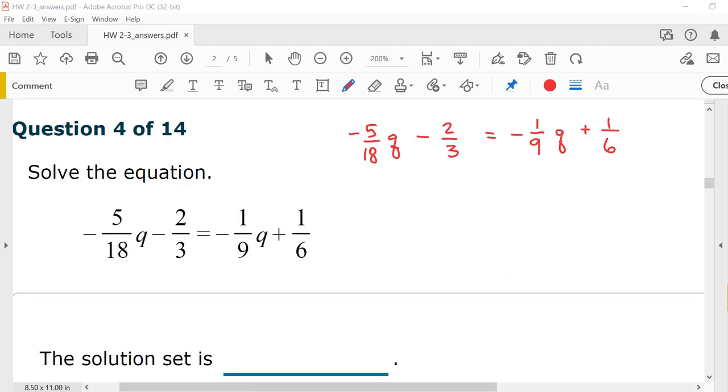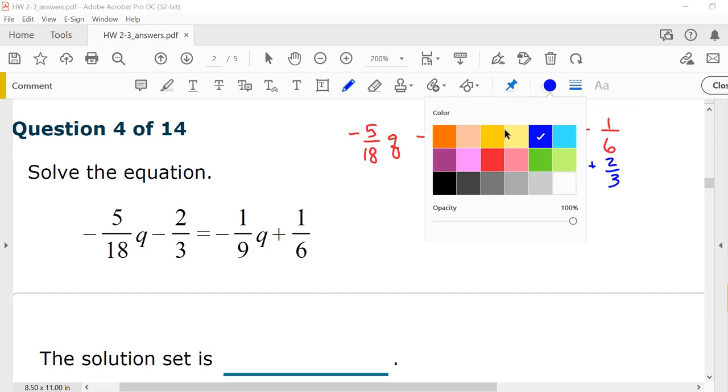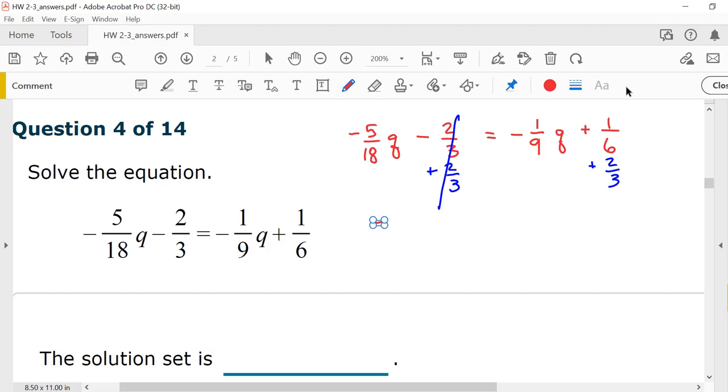Number 4, solve the equation. I'm going to do it old school, the way we were doing it, because my calculator can handle fractions. I'm going to add 2/3 to both sides. On the left, I have negative 5/18 q.